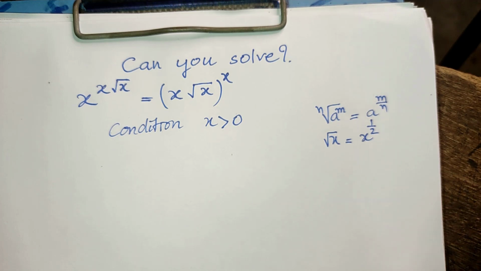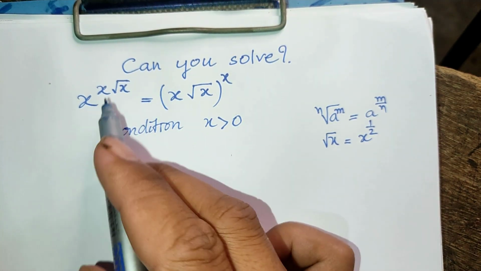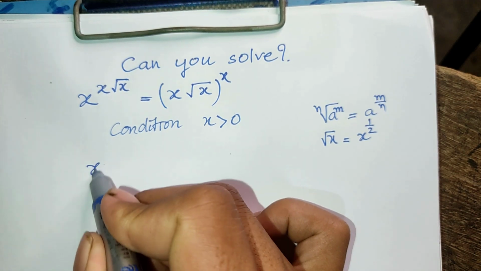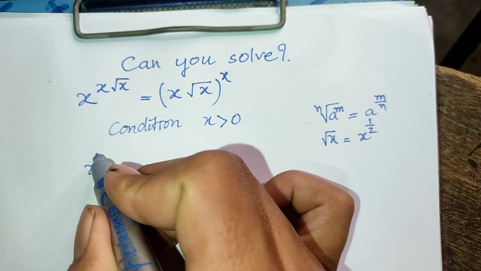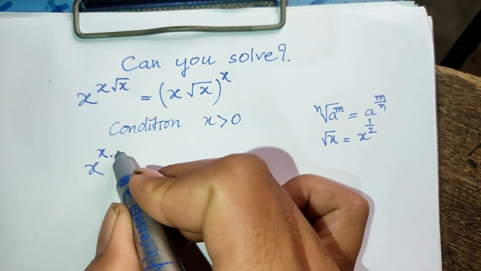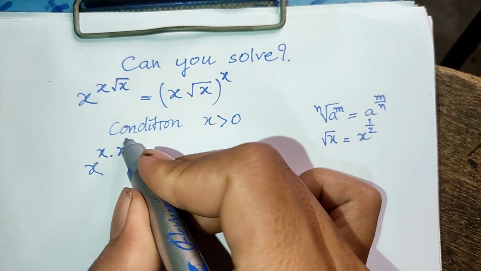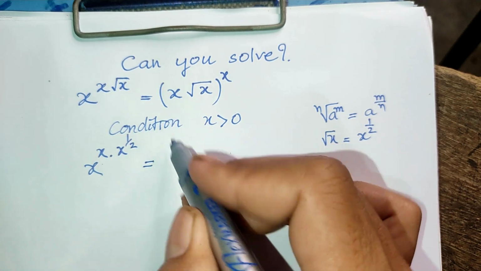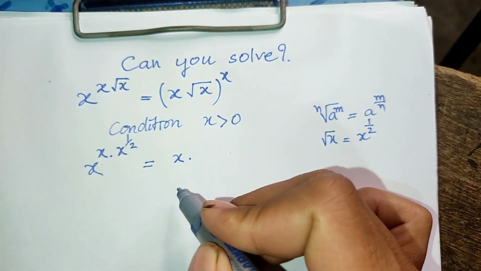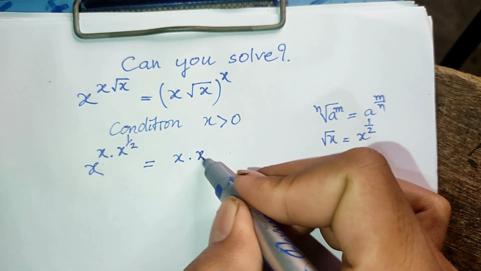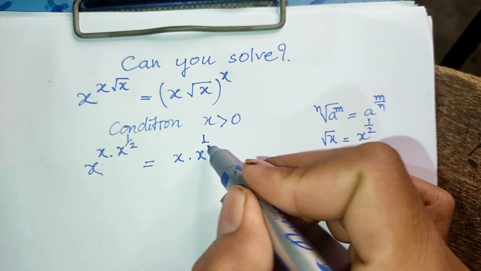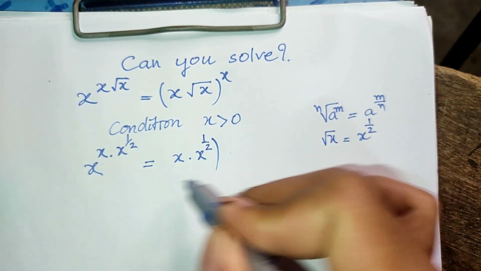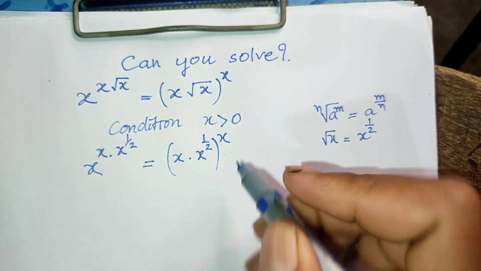Okay, so now this equation we can write as h power h multiplied by h power 1 divided by 2, and it's equal to h multiplied by h power 1 divided by 2, all power h.